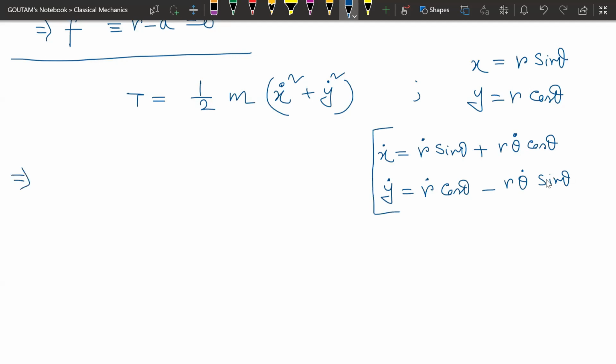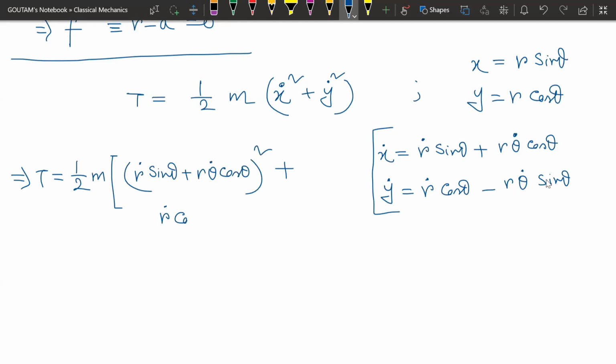So the kinetic energy will be T equals half m [(r dot sine theta plus r theta dot cos theta) square plus (r dot cos theta minus r theta dot sine theta) square].